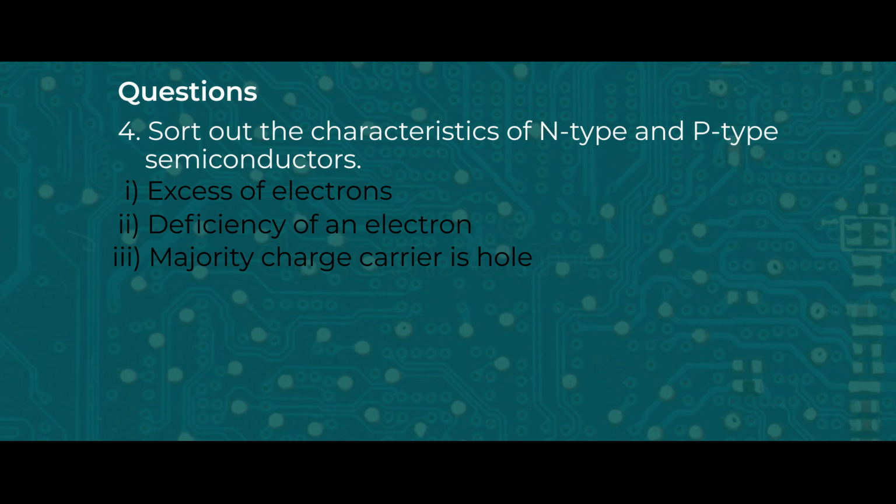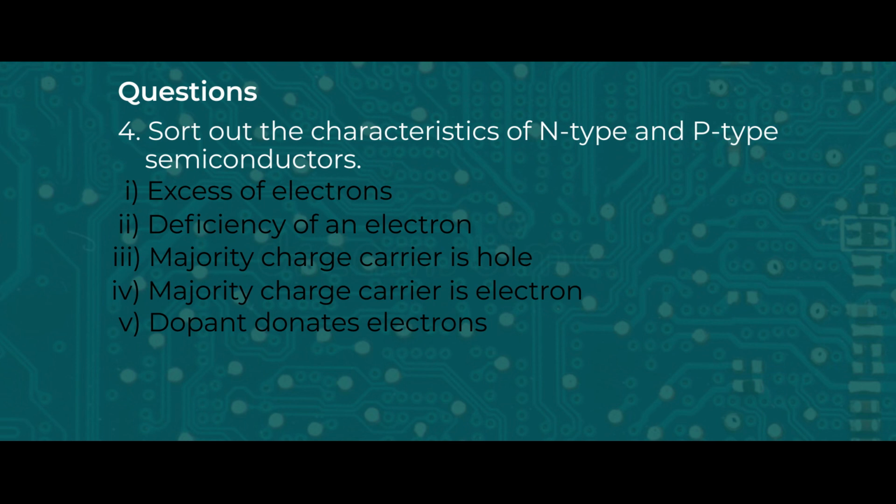And then we have majority charge carrier is electron. Dopant donates electrons. And the last one, dopant accepts electrons. So look at these one by one and see to which category of extrinsic semiconductor each of these characteristics belongs.